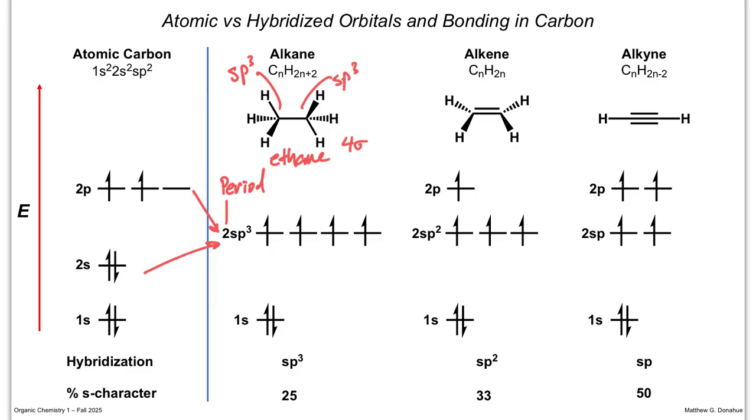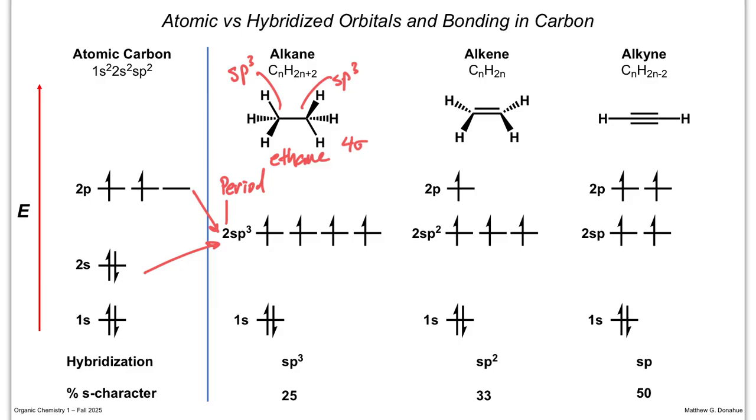We said with sp2, there were 3 total orbitals. And then we had that thing remaining. So the thing remaining is a p orbital that we did not use. Notice that it's at the same energy of the p orbital we started with. So we have 1, 2, 3 sp2 hybrid orbitals, and then this remaining p orbital.